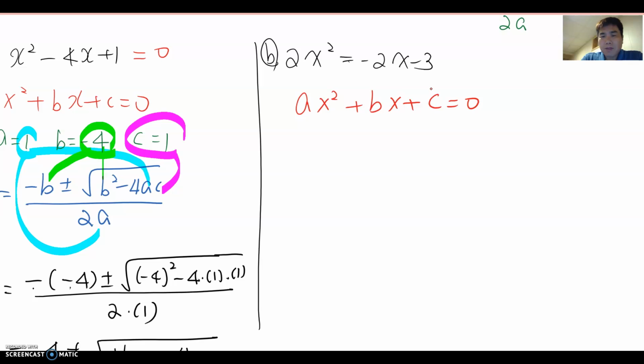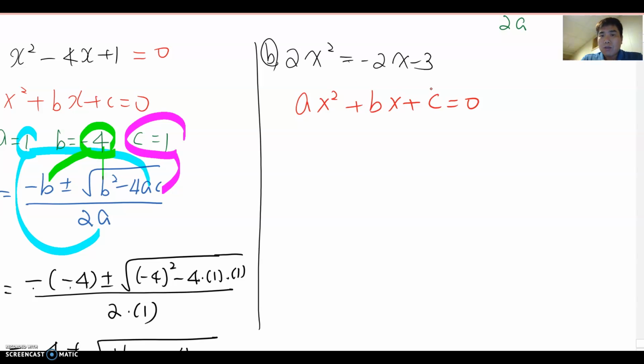But this time 2x squared equals negative 2x minus 3, so the variable terms are divided by the equal sign. You need to make one side equal to zero. My suggestion is to move every term to the side where the leading term is located.